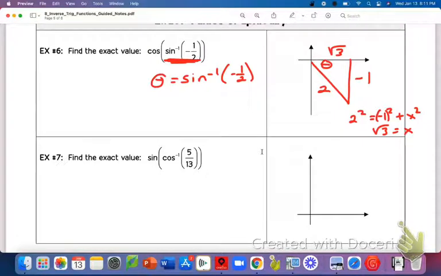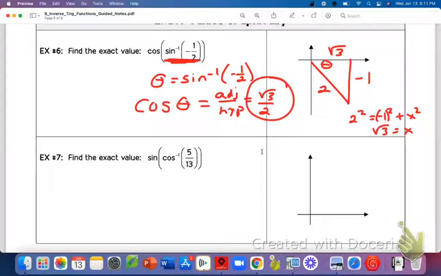Now we've got our reference triangle set up. So now I'm going to substitute in place of sine inverse of -1/2 actual theta. What is the cosine of theta of this reference angle? Well, cosine, remember, is adjacent over hypotenuse. So it would be root 3 over 2.